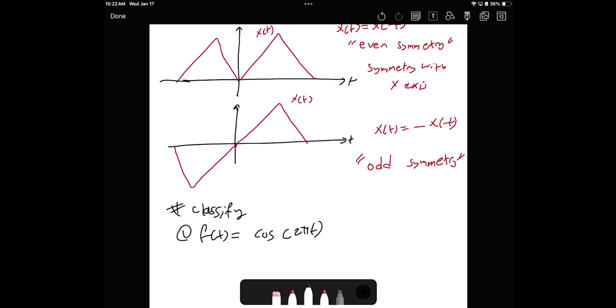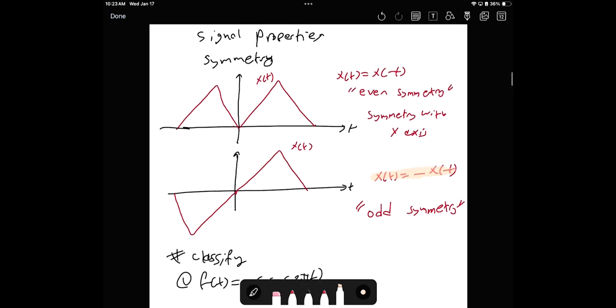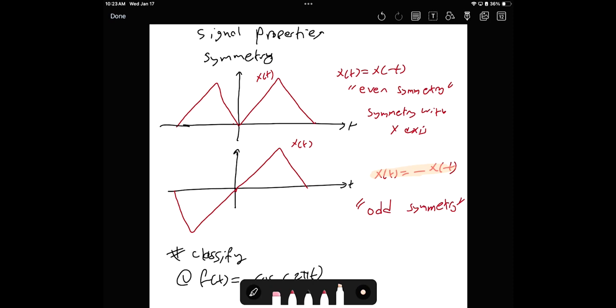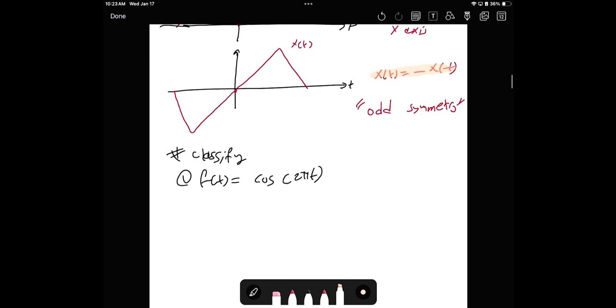Recall, odd symmetry is x of t equals negative x of negative t, while even is x of t equals x of negative t. So how can we check whether it is symmetric or not? Basically, we will find f of t first, then find f of negative t, then we will compare.